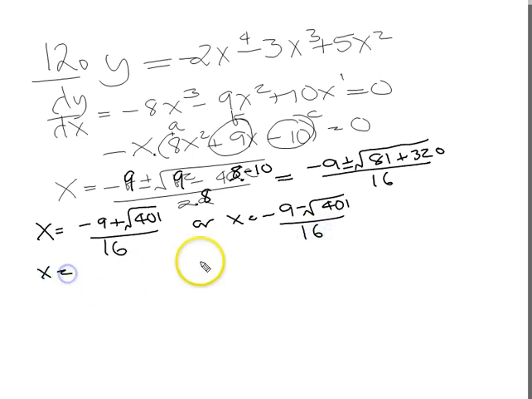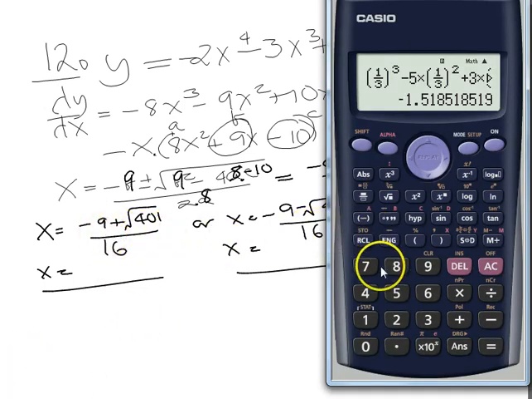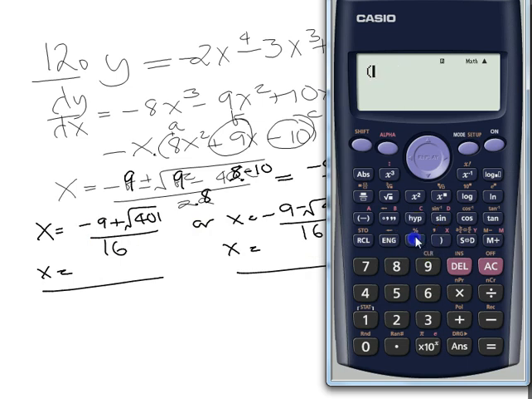Let's type them in the calculator then, and see what we get for these turning points. Sorry, I've written in the thicker pen there. Okay, so let's just do the calculator work then. So it's minus 9, and we've got a top number. So I'll put a bracket and I'll put negative 9 minus the square root of 401.